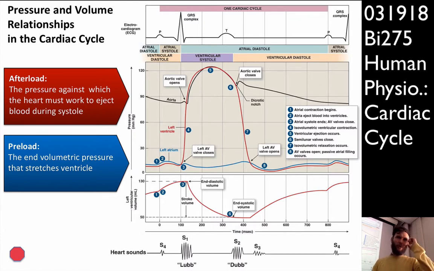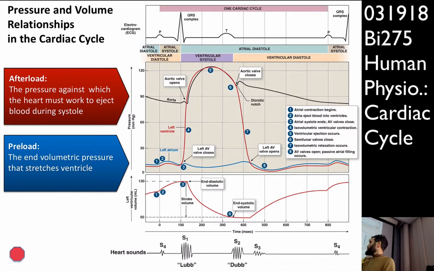So right before the ventricle is about to contract, how much blood is in it? That's what's important, right? Because the amount of blood that's in the ventricle right before it contracts is going to be obviously directly related to how much blood the ventricle is able to eject. So the first important point here in terms of blood volume is the end diastolic volume.